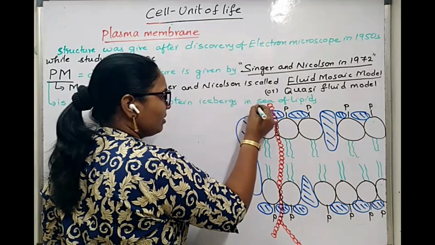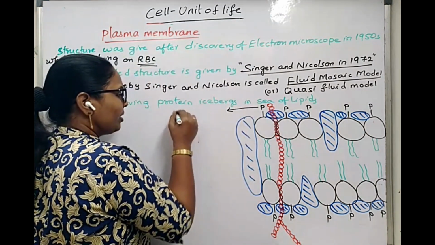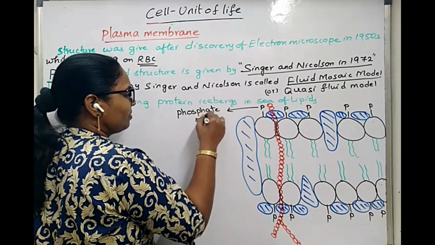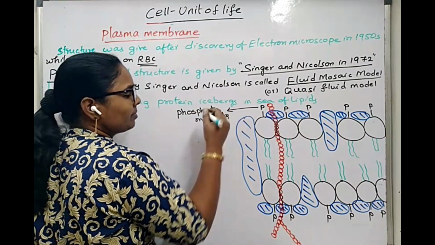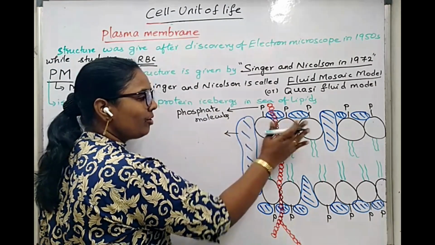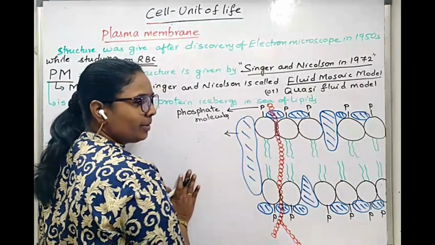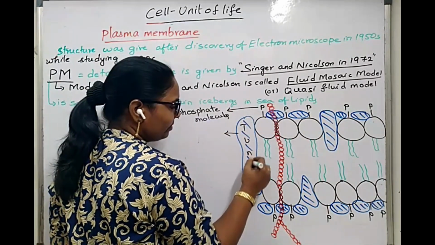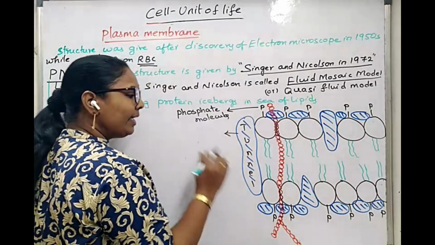So we will give labelings. This P indicates phosphate molecules. This one is connecting both one layer of the plasma membrane, other layer of the plasma membrane. This is normally called as tunnel, but it is one of the intrinsic protein.